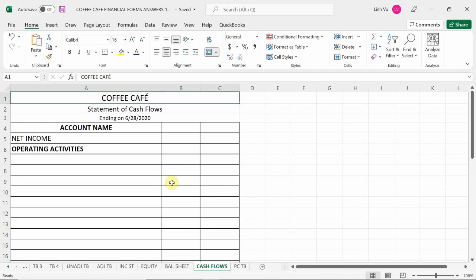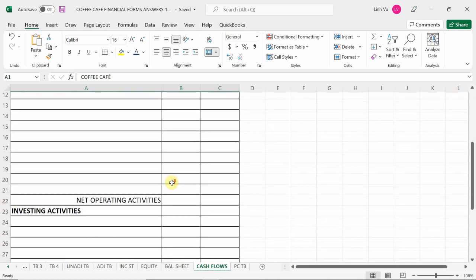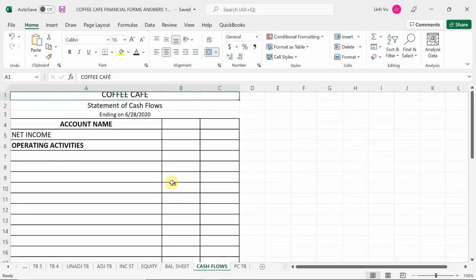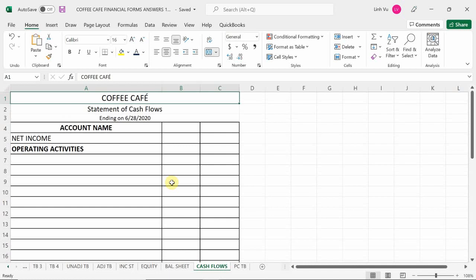Now, there's a few rules and regulations that you need to know before we can actually complete this, because there's, again, a lot of extra things here. The statement of cash flows is taking an accrual type base of a company and converting it into a cash basis company.